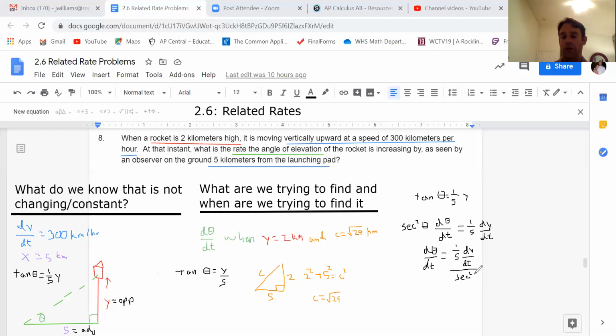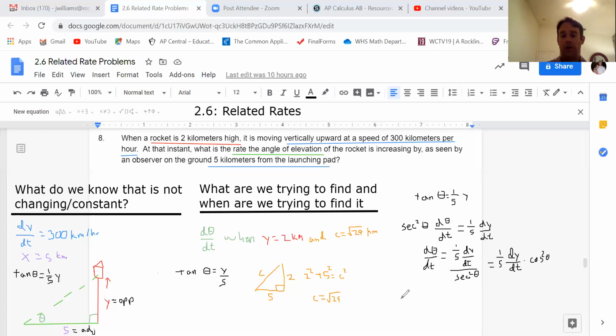And by the way, friends, if I have secant squared in the denominator, I bet I can move that up real quick and make that cosine. So cosine squared theta.